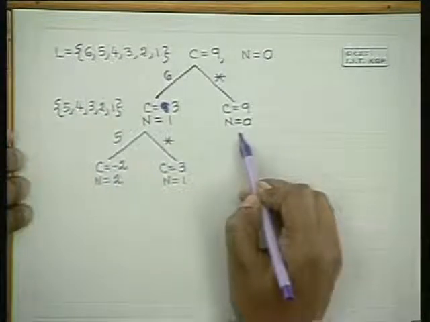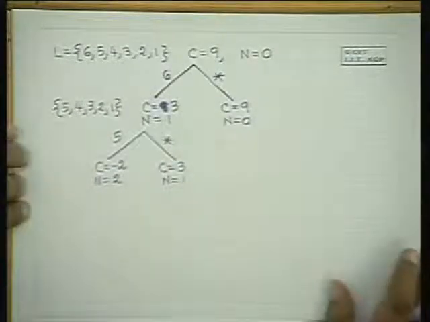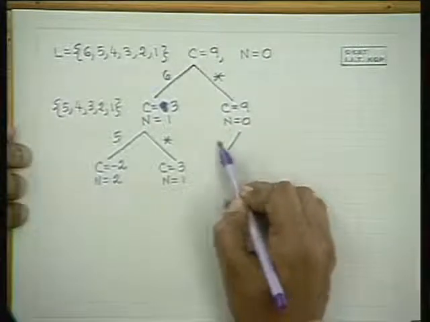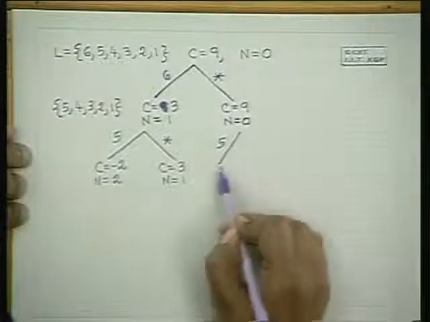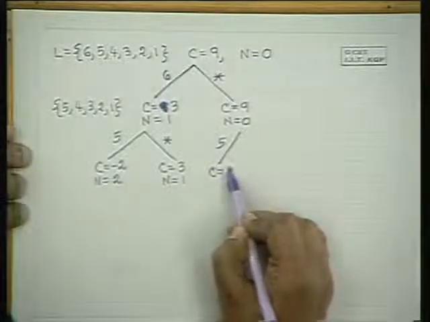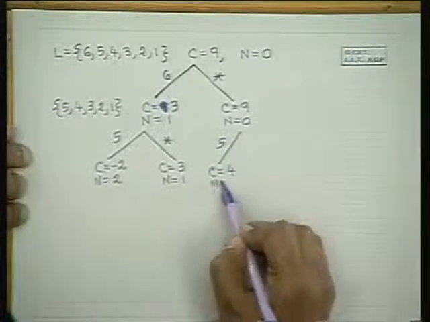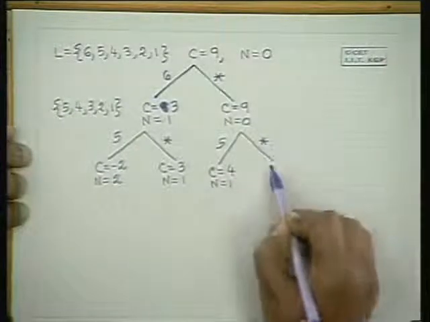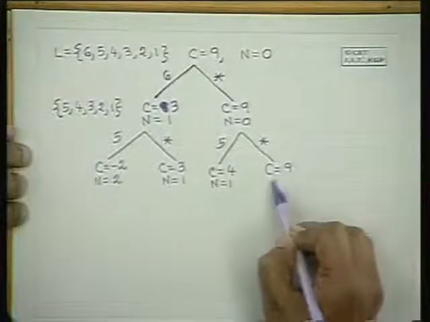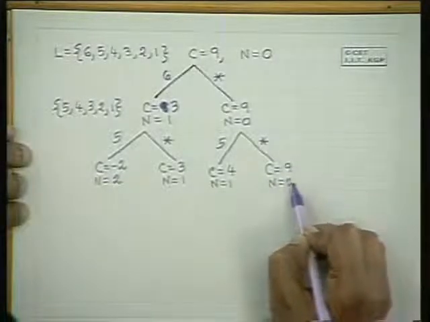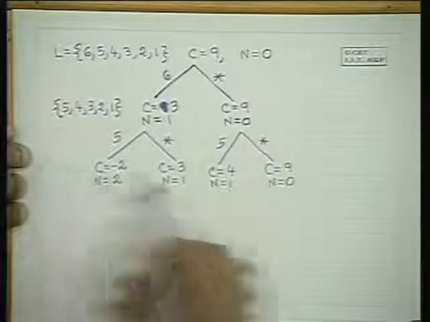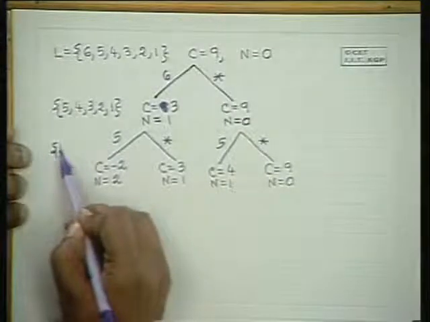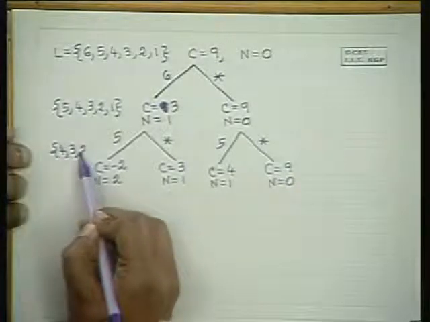Here, let us just work out the recursion tree and then we will see how the algorithm will work and solve it. Here again, if you choose 5, your C becomes 4 and N becomes 1. If you do not choose 5, C becomes 9 and N remains 0. And L dashed in this scenario is 4, 3, 2, 1.